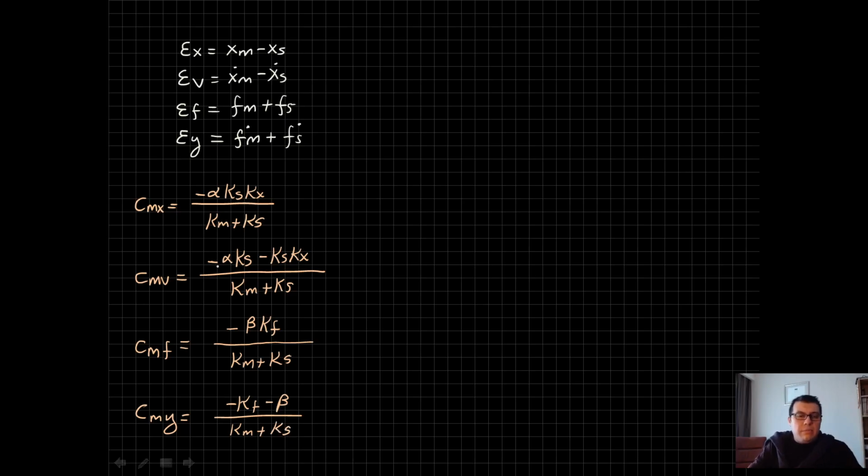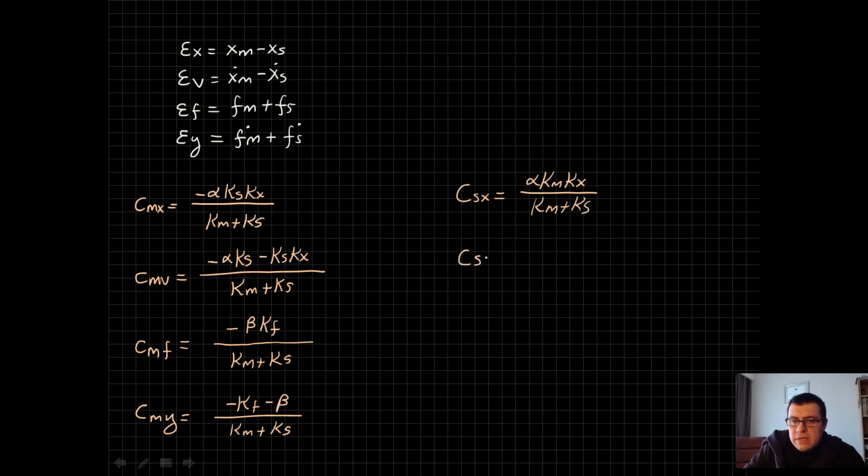These are master side coefficients, and I can write here similarly C slave in X is alpha km kx over k master plus k slave.